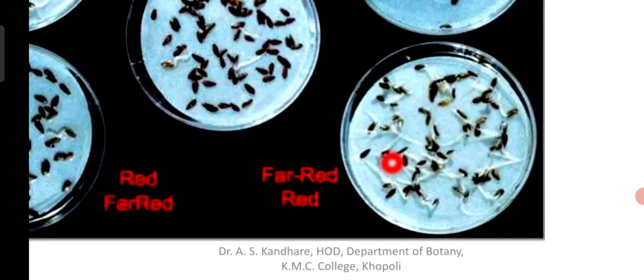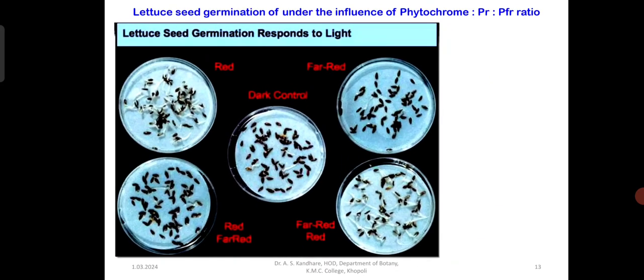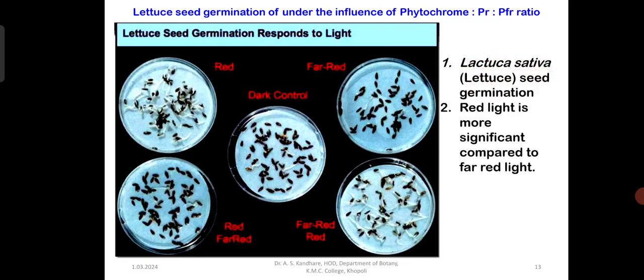And this indicates that the red wavelength of light is more important for lettuce seed germination, is it? Lactuca sativa is called lettuce. Red light is more significant compared to far red light, but a combination or specific ratio of red and far red causes 100% germination.